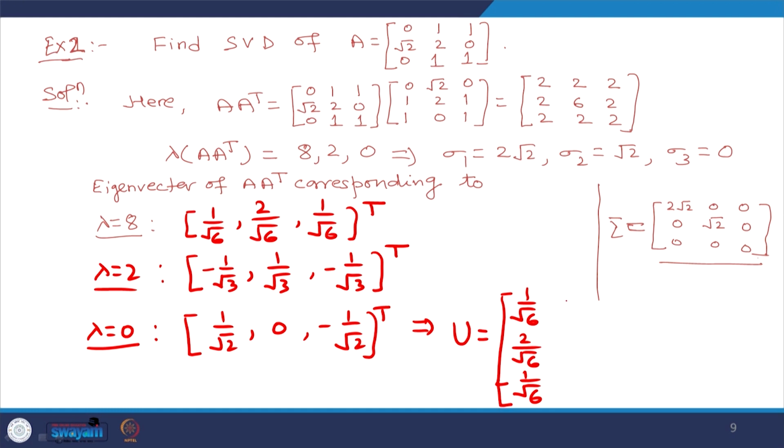The second column will be minus 1 upon root 3, 1 upon root 3 and minus 1 upon root 3. The third column will be 1 upon root 2, 0, minus 1 upon root 2. So, I am having sigma, I am having U. Now, I need to calculate the matrix V.